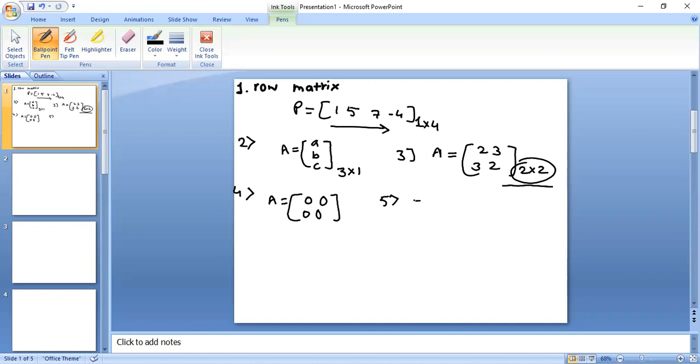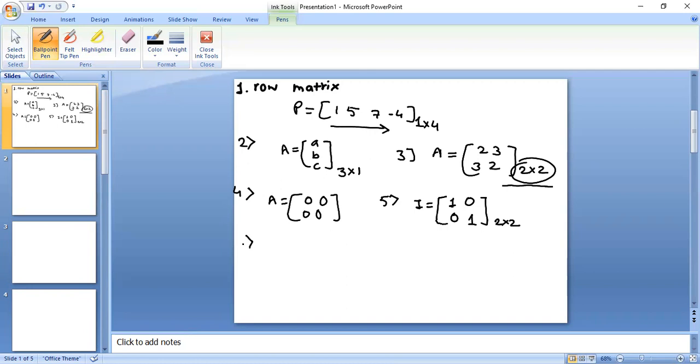So the identity matrix or unit matrix has diagonal elements that are 1 and remaining non-diagonal elements that are 0. Then this matrix is called a unit matrix.